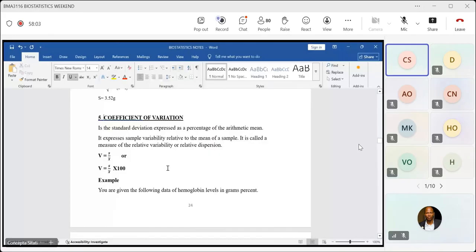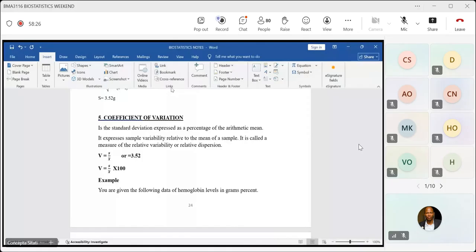So here it is the standard deviation divided by the mean. What is our standard deviation? Our standard deviation here is 3.52 divided by, what was our mean?